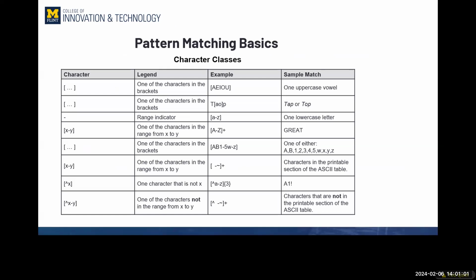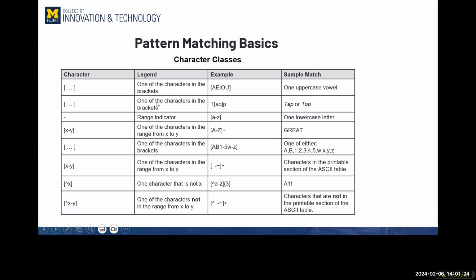Some examples for the character classes. In the first example, we specify one character from the brackets. We are specifying A, E, I, O, and U, so we are looking for each line that contains one uppercase vowel.